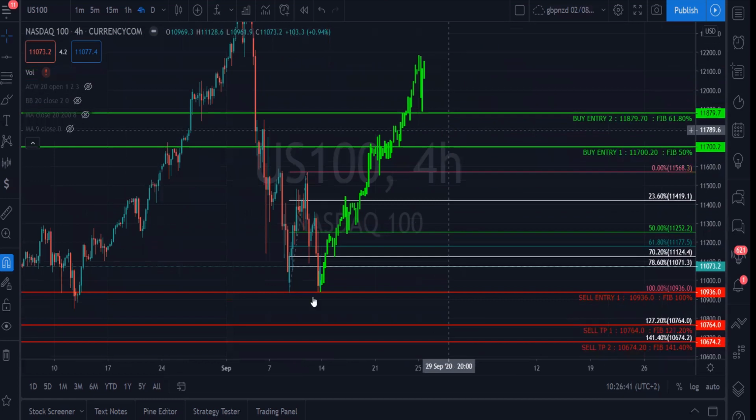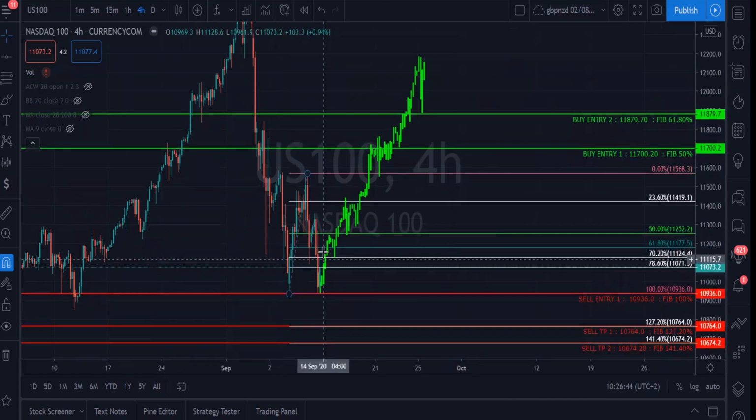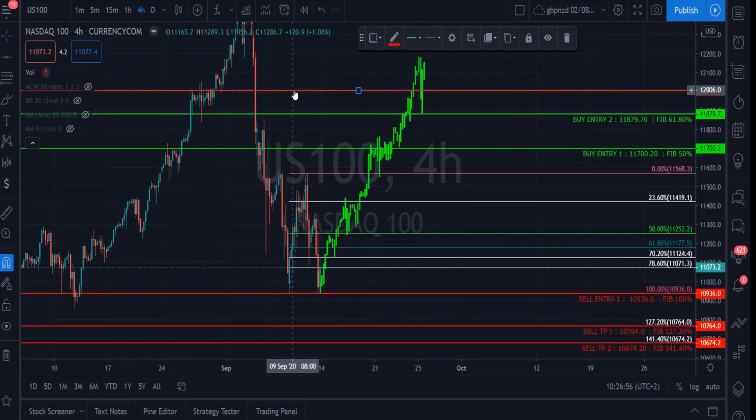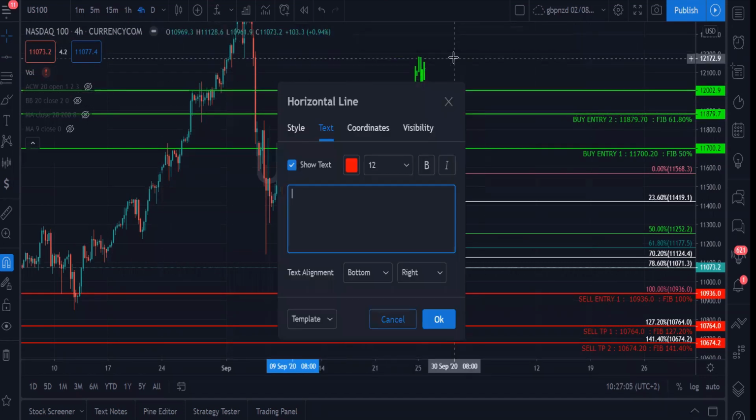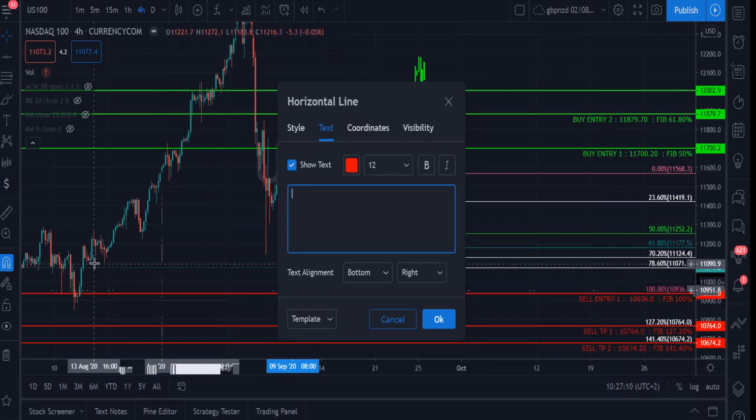So I'm anticipating price to go up, come down, go up, come down, go up, come down. So we could easily put another buy entry here. So let's just do that, because maybe that's what I'm going to do. Let's change our color back to green, because I love green for buys. Let's edit this one and put a buy entry at 11419.10.